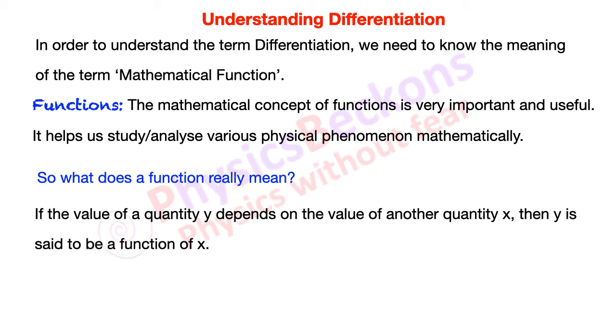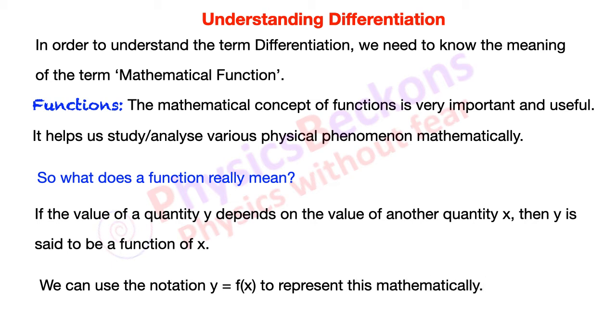If value of a quantity y depends on value of another quantity x, then y is said to be a function of x. That is, if x changes and it also results in change in y, then we will say y is a function of x.